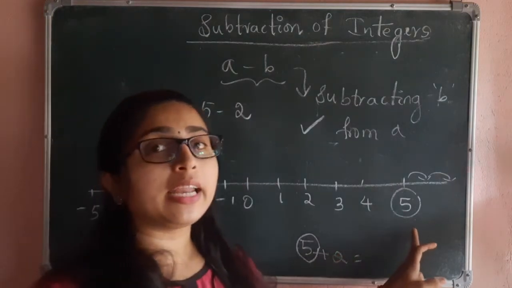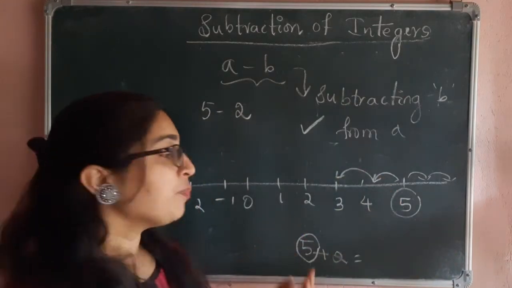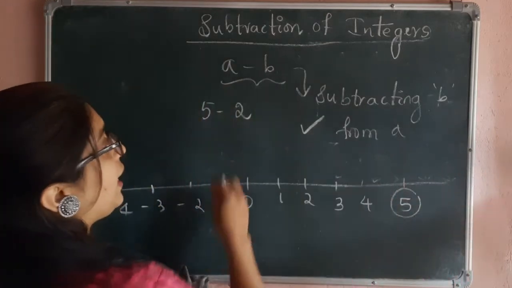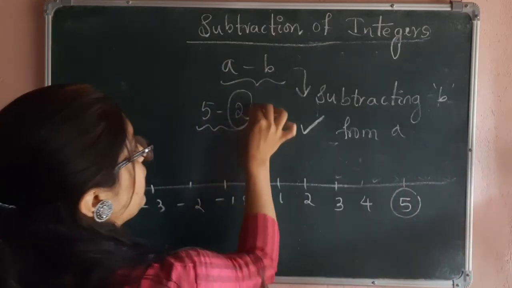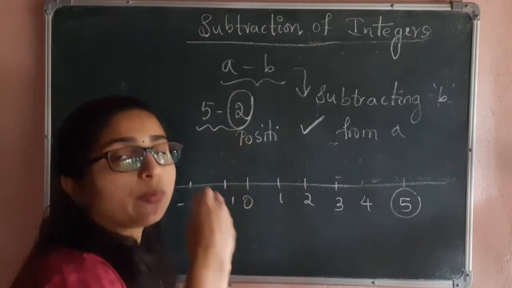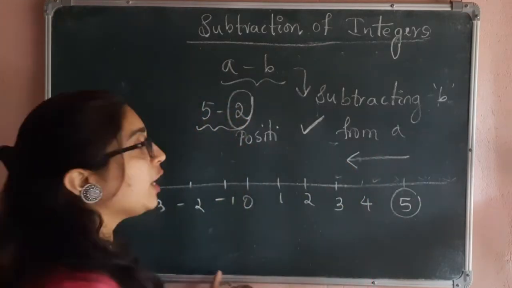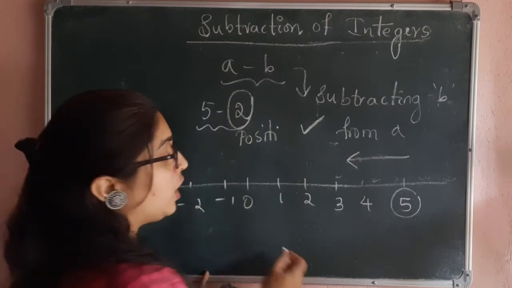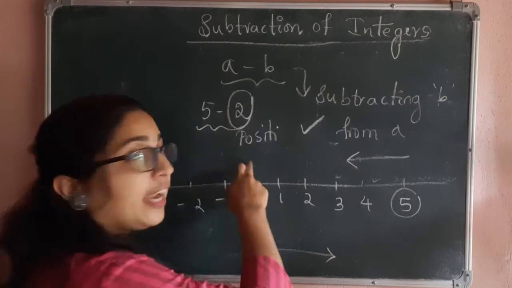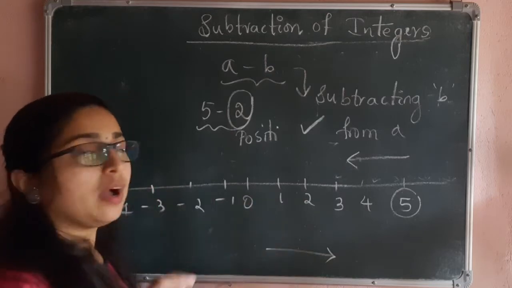When adding a negative integer, I used to move to the left. In subtraction, when you are subtracting a positive integer, you have to move to the left. If you are subtracting a negative integer, you have to move to the right. When you subtract a negative integer, the value is going to increase. I will tell you how.